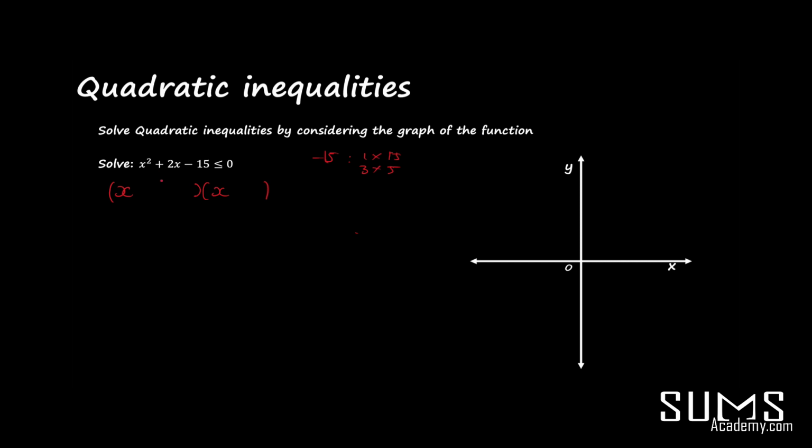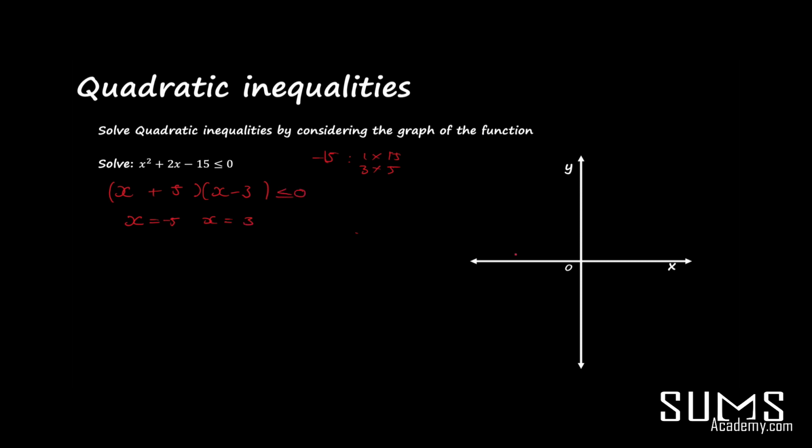It's going to be a difference of 2, so 5 take away 3 is 2. So it's plus 5 and minus 3. So x equals negative 5 and x equals 3.